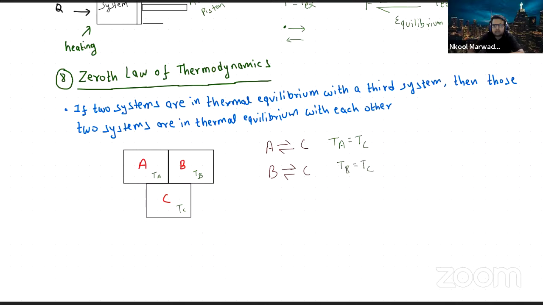Using these two equations, from 1 and 2, I can say that TA is equal to TB, sorry, which means that A and B are in thermal equilibrium with each other.